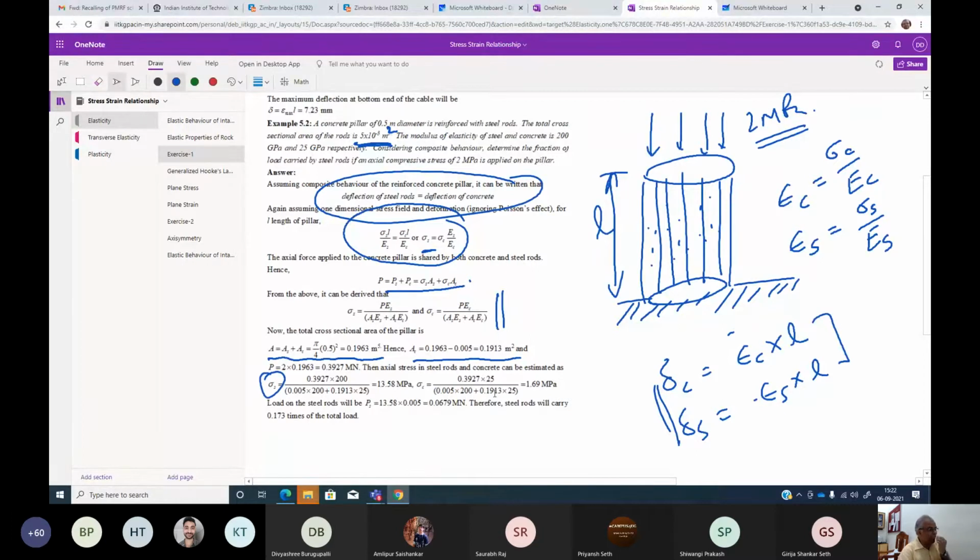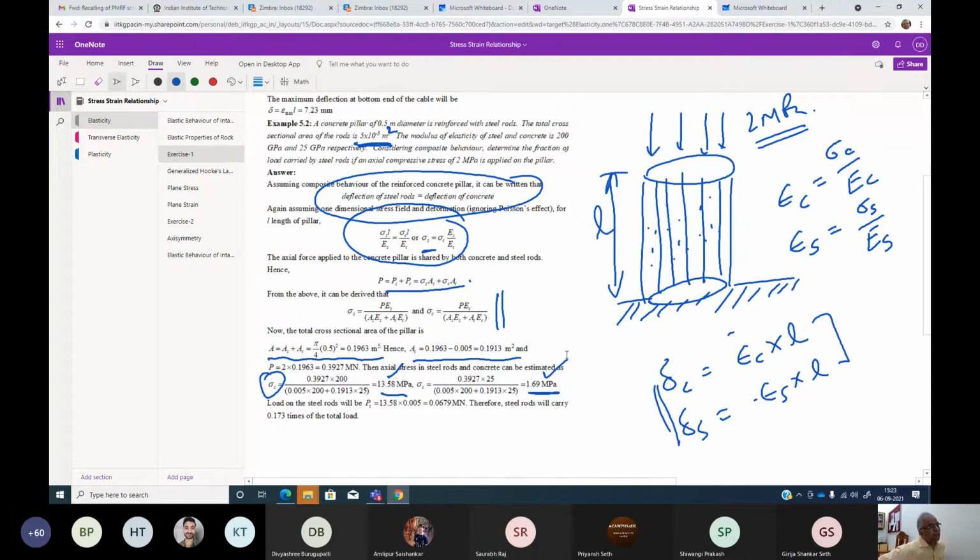That means the stress on the steel is 13.58 MPa. And you see the stress on the concrete is very low. This is the reason, because we want the major load to be carried by those rods, not by the concrete. If you give too much stress on the concrete, it will fail.